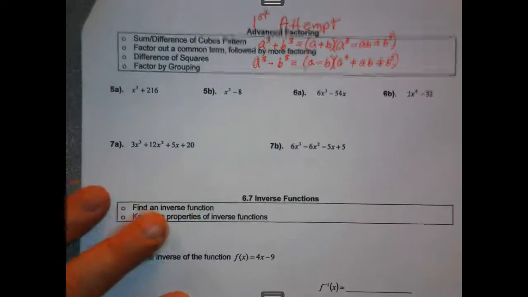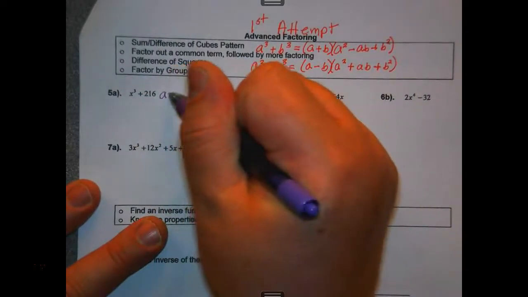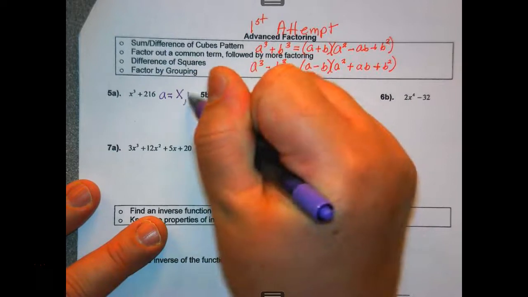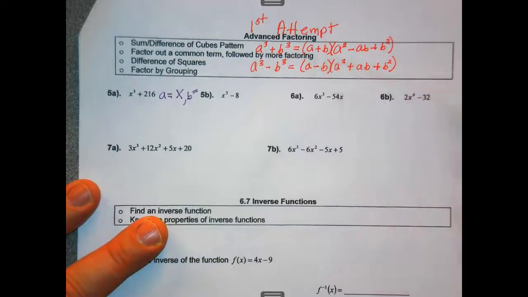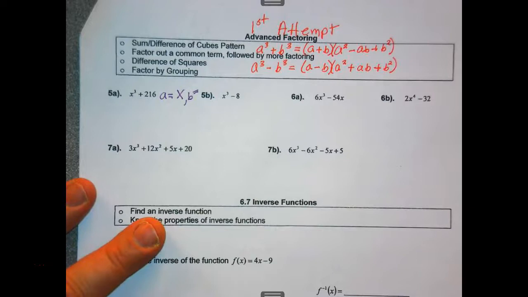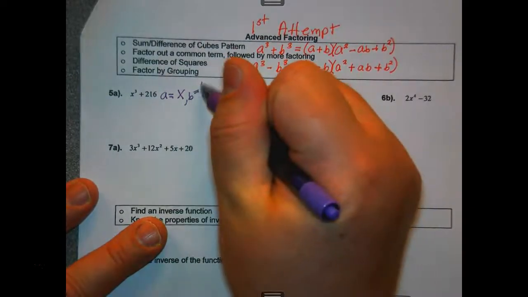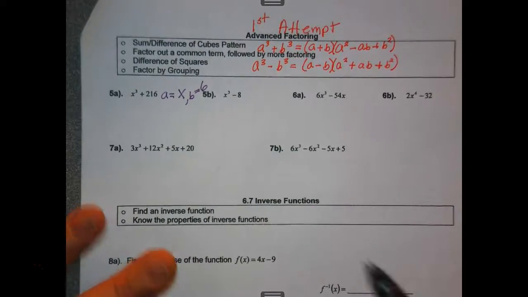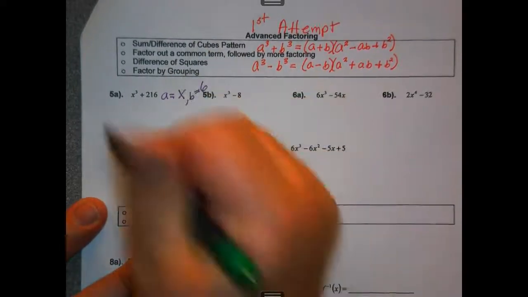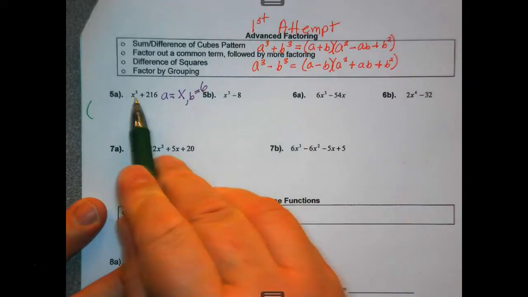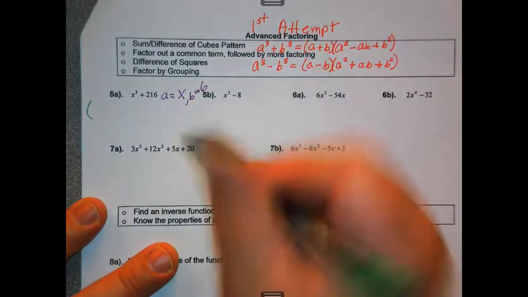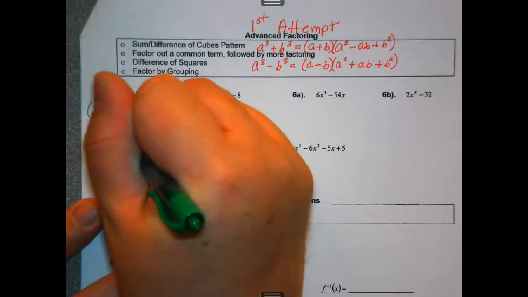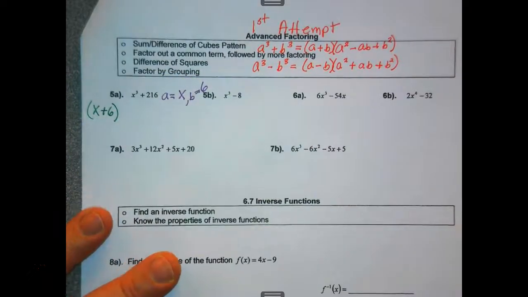Okay, number 5A. My A is x, and my B is 6, because 216 is a perfect cube of 6, 6 times 6 times 6. So I have A plus B, you'd have to figure it out in the calculator.